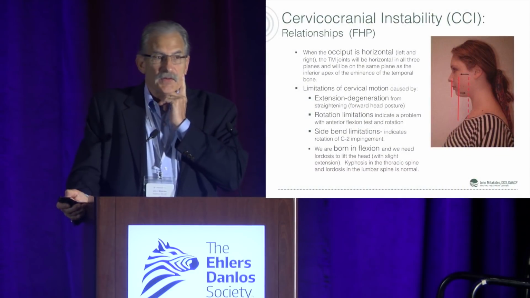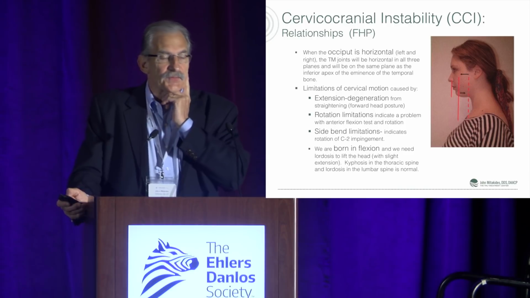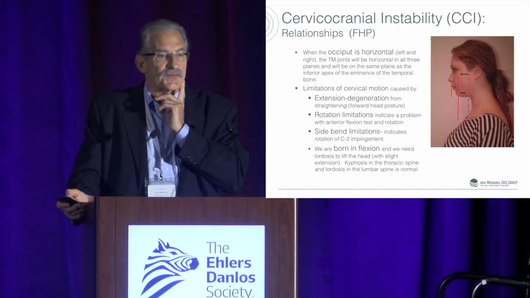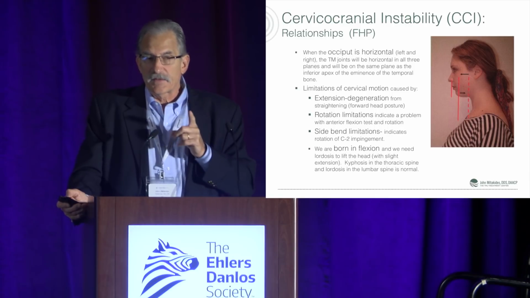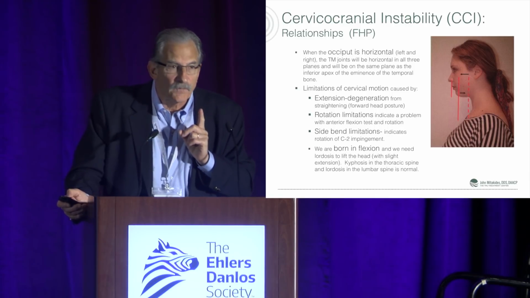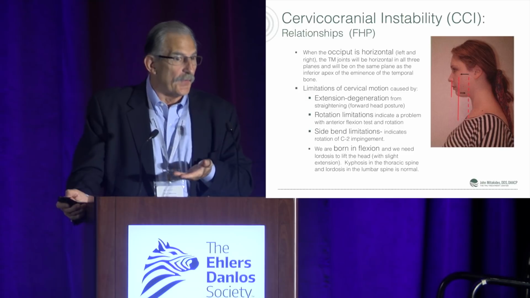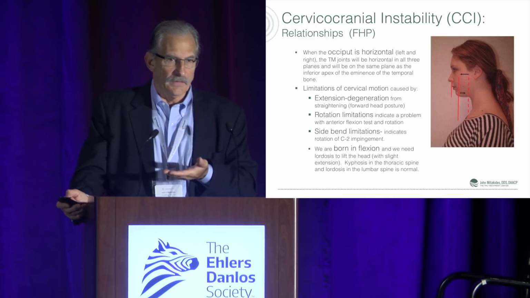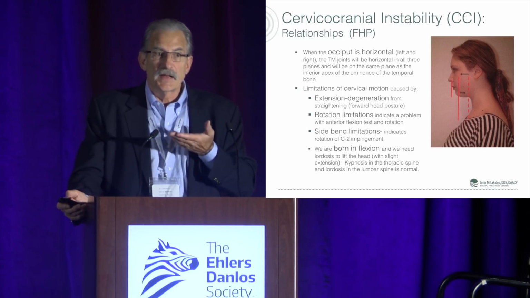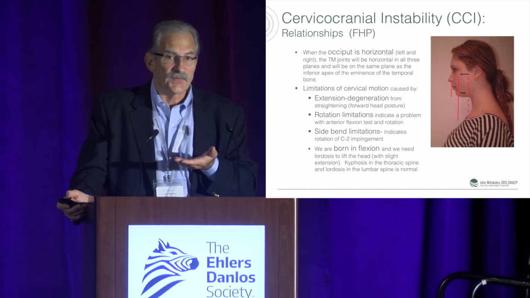Now, we're also going to talk a little bit, nothing exciting, about cervical cranial instability, which is basically the position of your neck and the position of your head. The biggest thing I can tell you is the more your head tends to come forward, like when you're looking at your iPhone or your computer, it'll actually double the weight of your head. So it tends to strain the ligaments, the tendons, and everything that maintains your head in position.